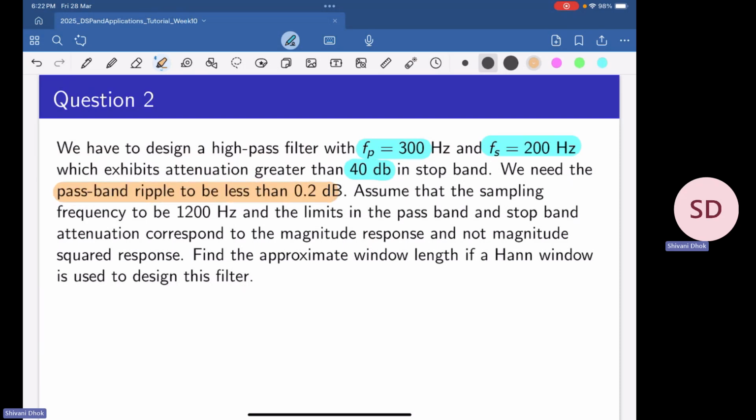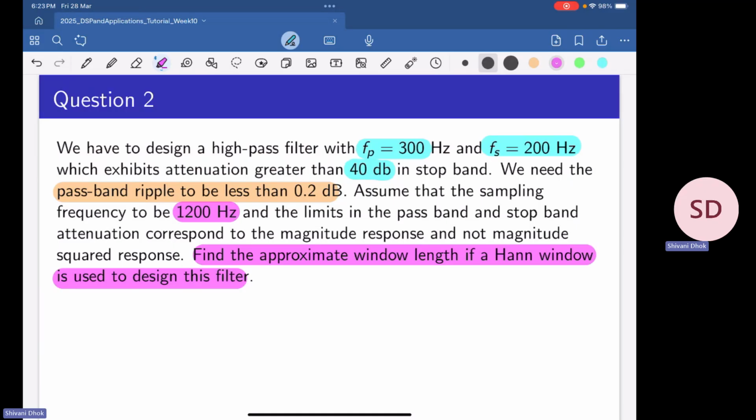Now it is said that assume that the sampling frequency to be 1200 Hz. And the limits in the pass band and stop band attenuation correspond to the magnitude response and not the magnitude squared response. Now what we need to do is find the approximate window length if a Hanning window is used to design this filter.